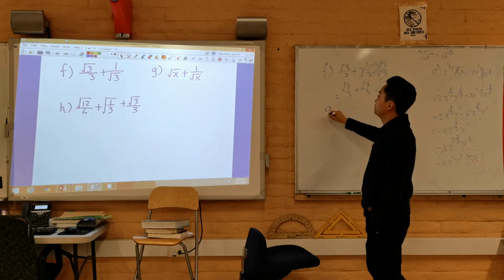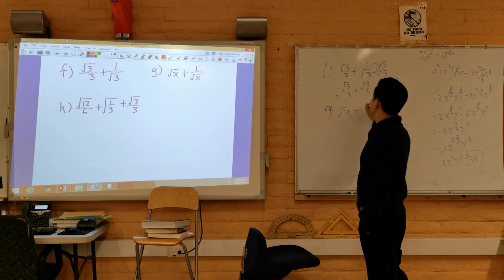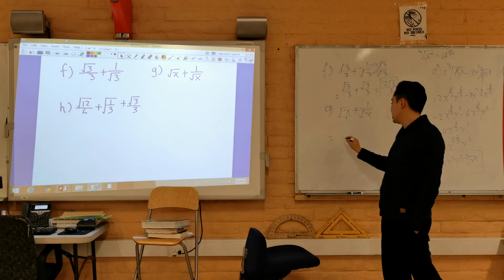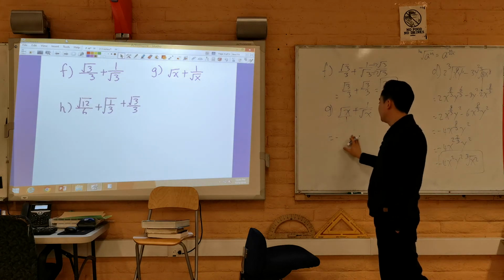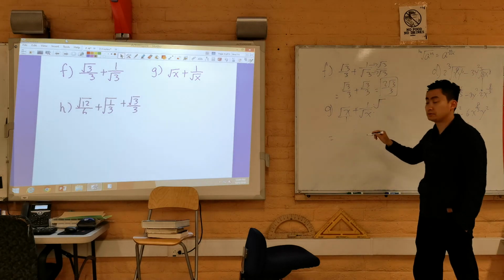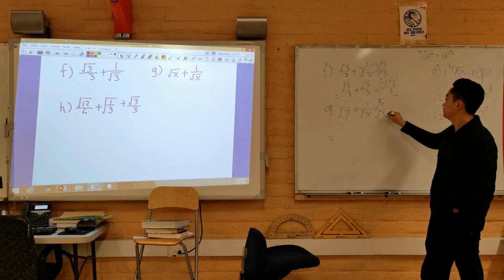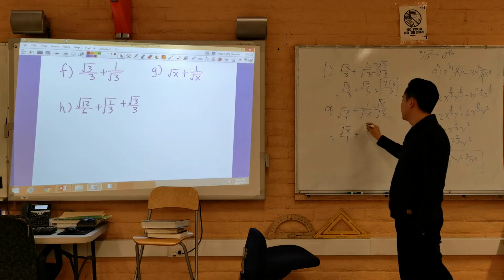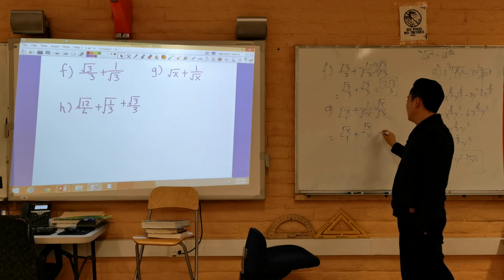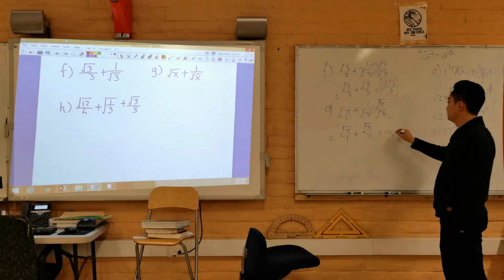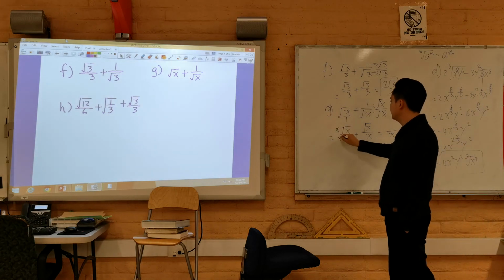Now for g, similar: root x plus 1 over root x. If there's no denominator, it's always 1. So the least common denominator would be square root of x. But before we do that, we need to rationalize the second term, so multiply top and bottom by square root of x. So we got root x over 1 plus root x over x. You may notice that for 1 and x, the least common denominator is x, so multiply by x top and bottom.